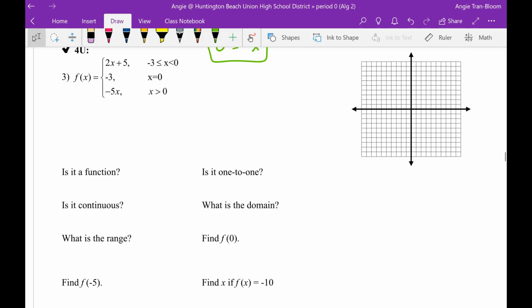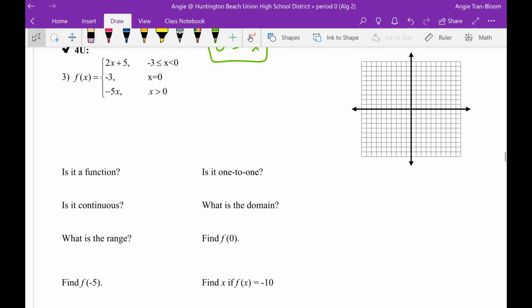Y is 2x plus 5 if x is -3. So you want to put this piece as your first input. Then you're going to pick 0, because that's the last piece. So this is first and last. And what is another one you can pick in the middle just to verify your values?